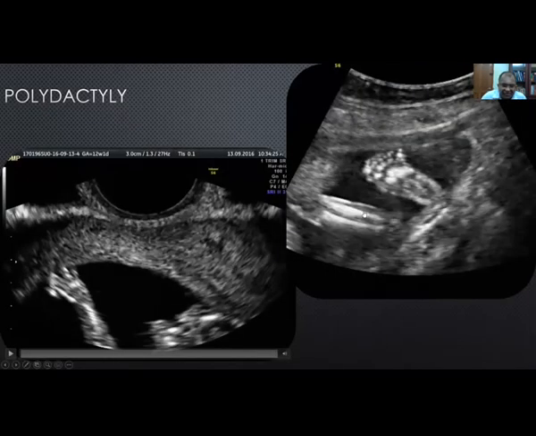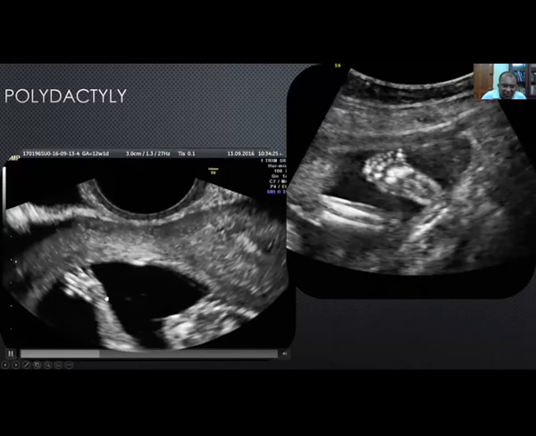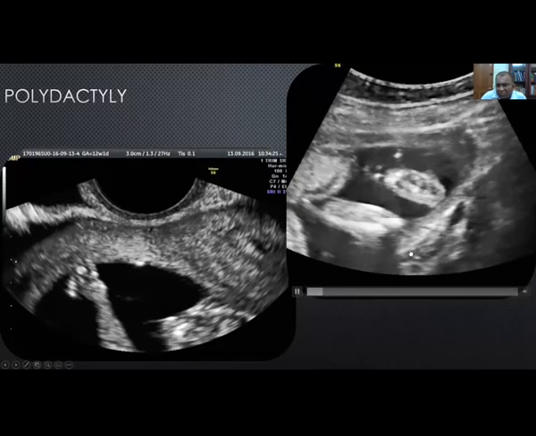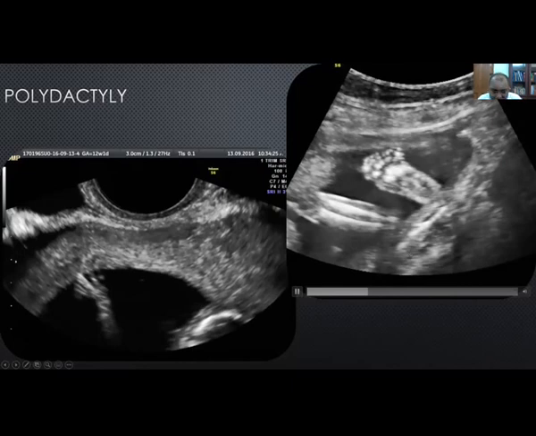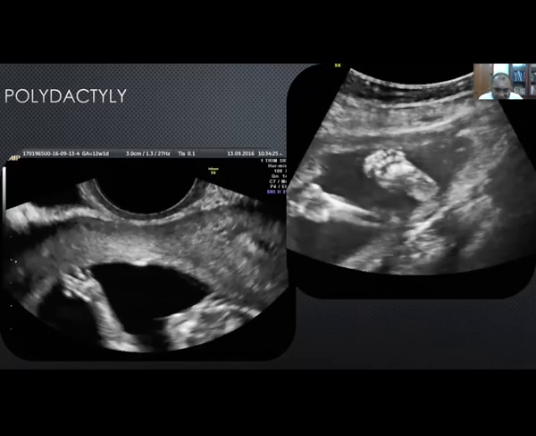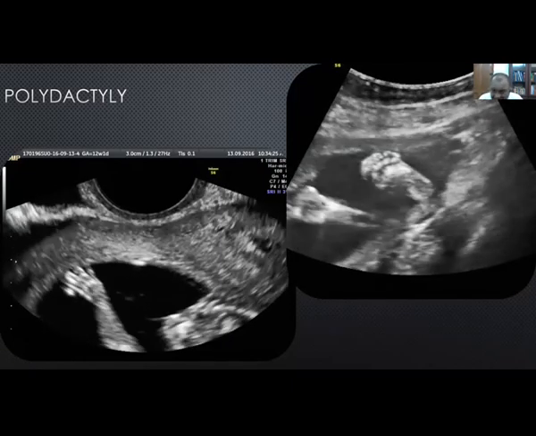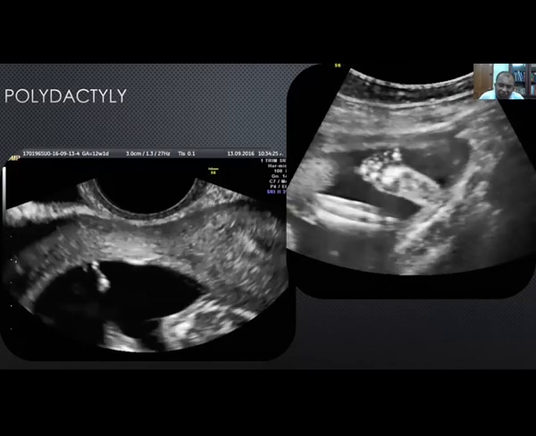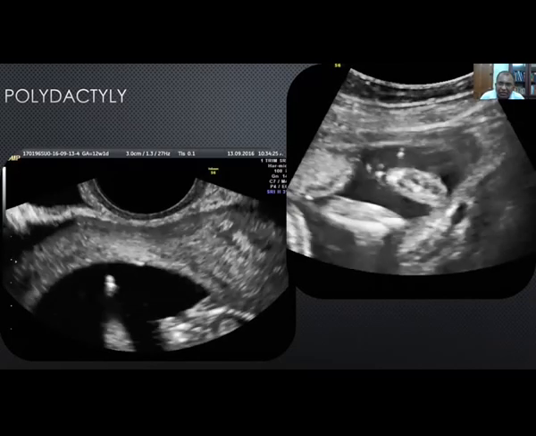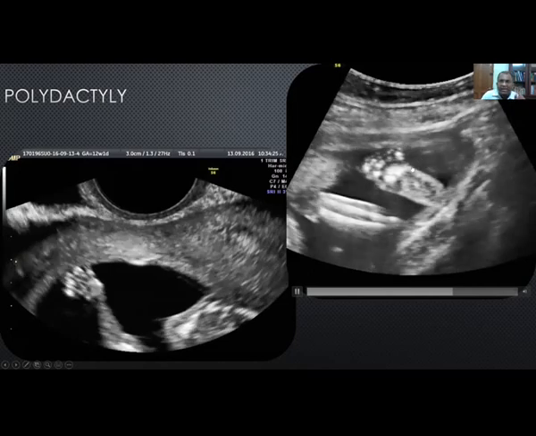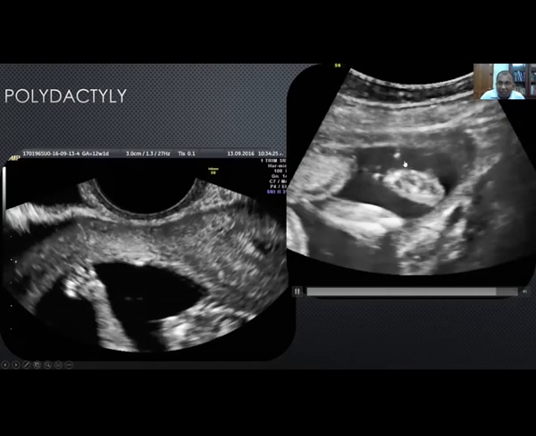Polydactyly, as I mentioned, can be preaxial or postaxial. But the first and most important thing that you need to do in an approach to polydactyly is count, and recount. You need to count it so many times till you are absolutely sure, because overdiagnosis and underdiagnosis is quite common with polydactyly.